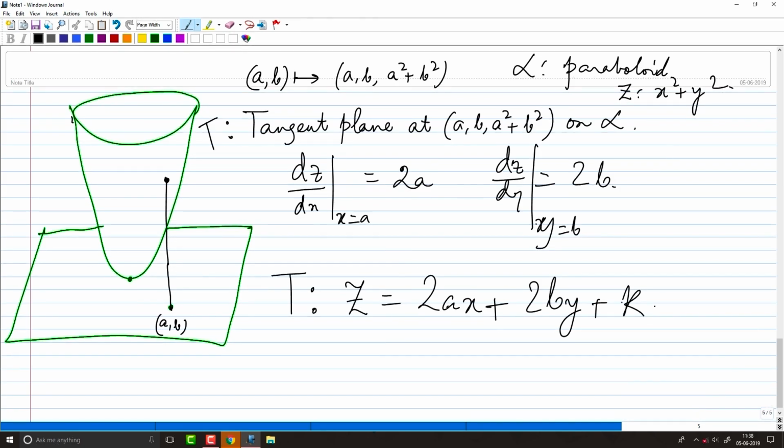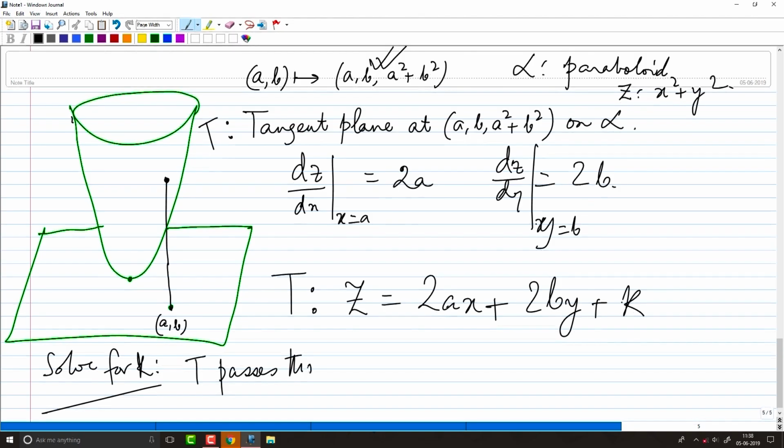Okay. So, now what we do is solve for k. Mind you, the tangent plane passes through this point, right. So, replace it.